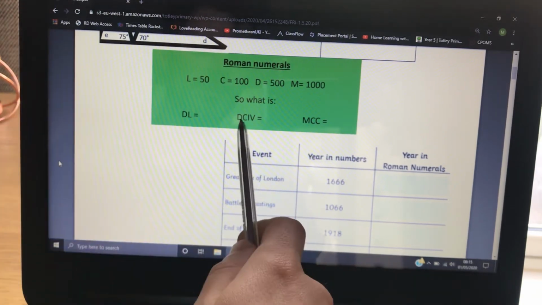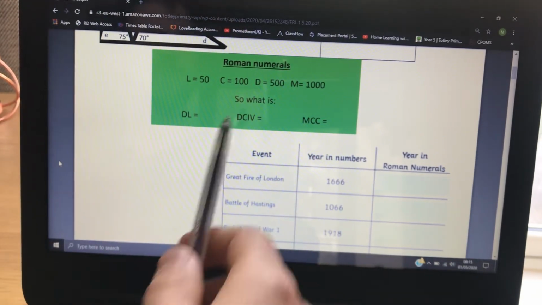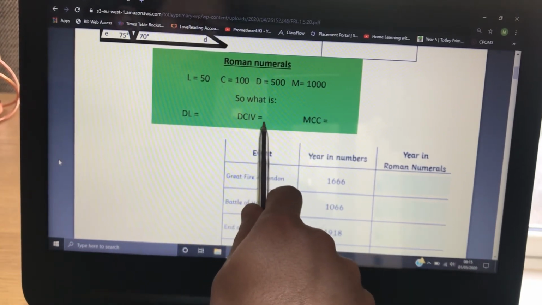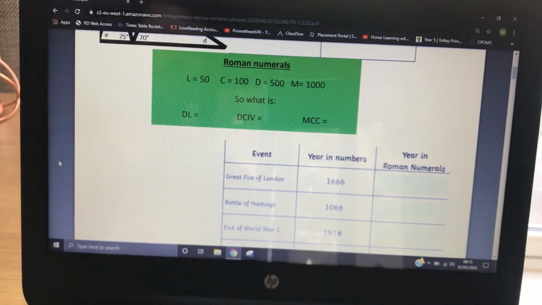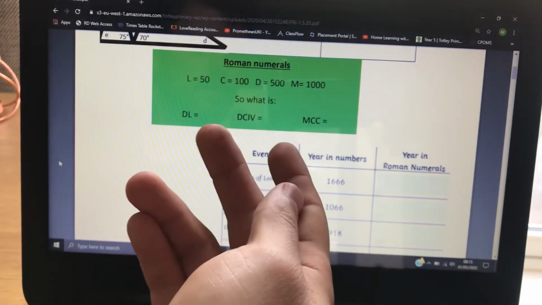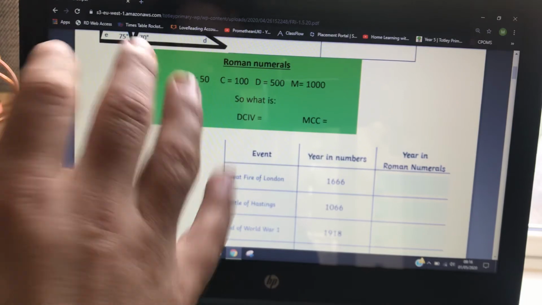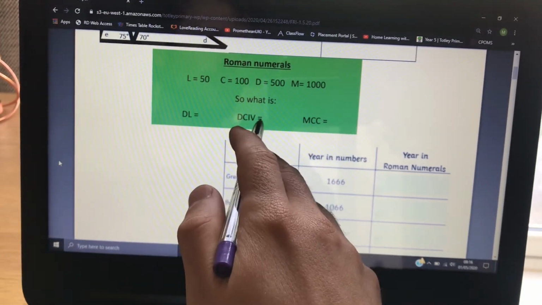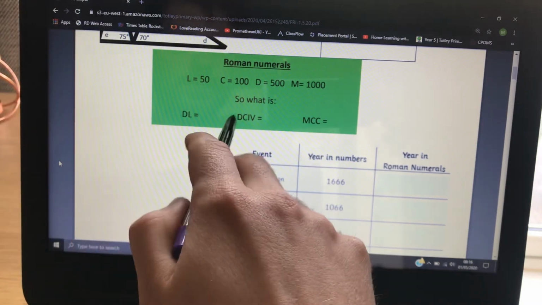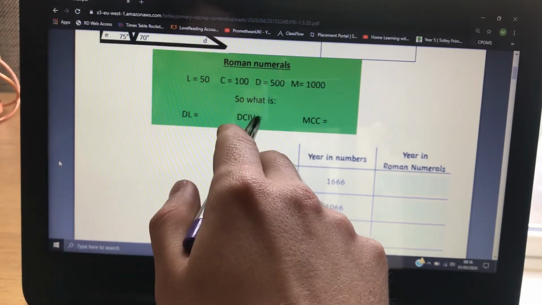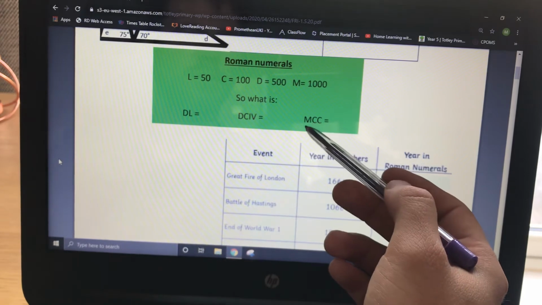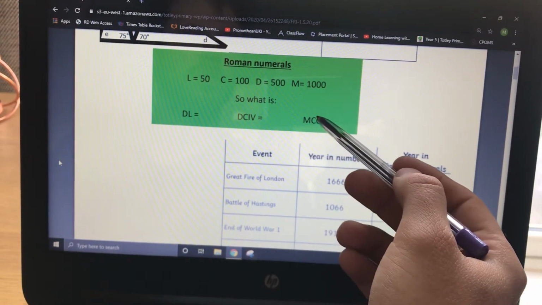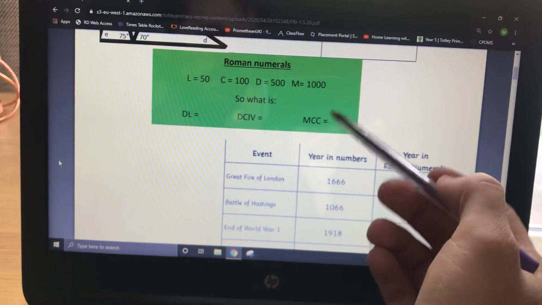Now, if ever you come across this and you notice, hang on a minute, I've got a Roman numeral that is smaller than the one after it, either it's wrong, or, remember, it's one of your 40s, 400s, or 90s, 900 ones. 1 before 5, which is 4. So it's 604. This one here, 1,000, 100, 100. So 1,000, 100, 100 is going to be 1,200.